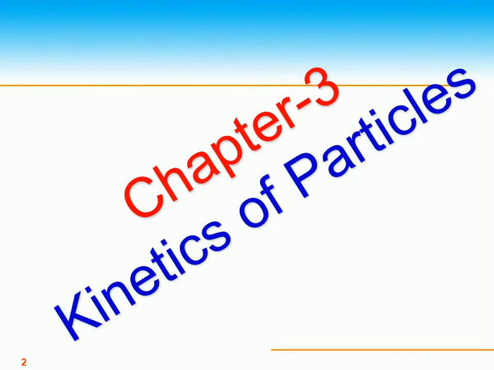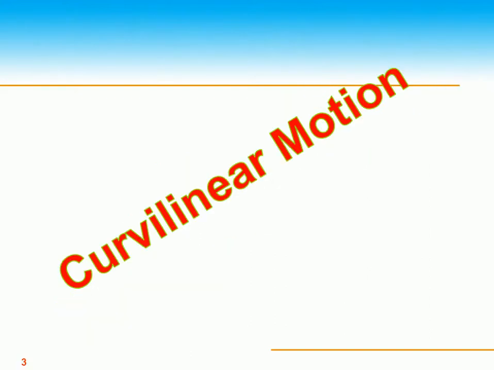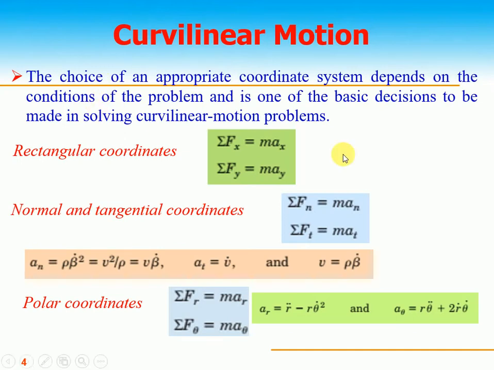So let's start the lecture. This is chapter number 3 again, kinetics of a particle, but in curvilinear motion. We discussed in chapter number 2 that the choice of coordinate system matters: in certain coordinate systems the analysis becomes easy, and in others it becomes difficult.